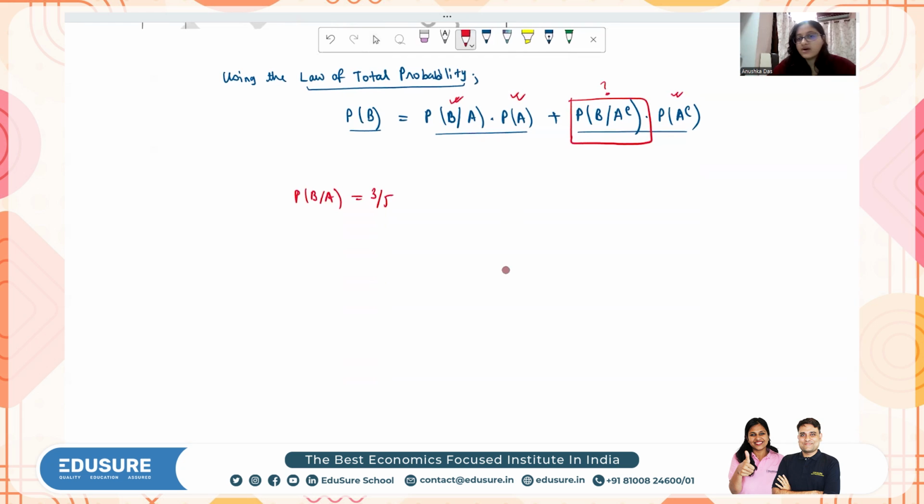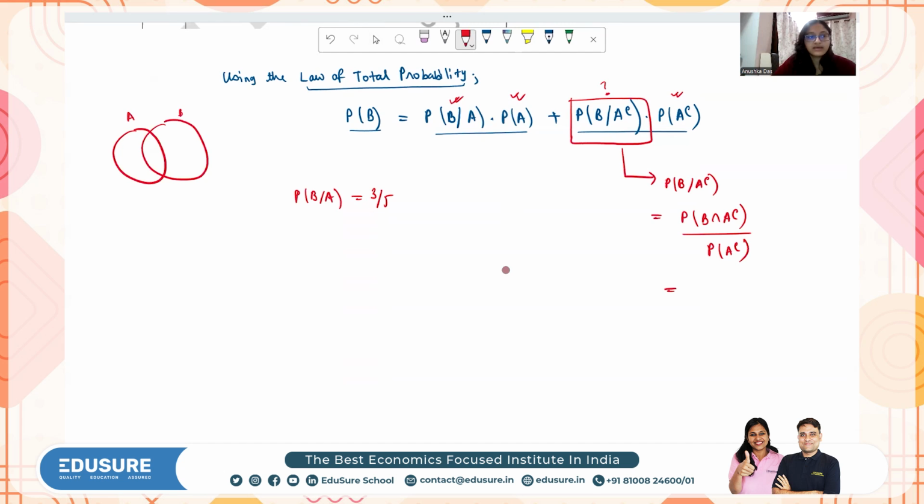Now, firstly, let us see what is probability B given A complement. Probability B given A complement is simply probability B intersection A complement upon probability of A complement, right? Now, how do you write probability B intersection A complement? Suppose A is one event and B is another event, and suppose this is the universal set.